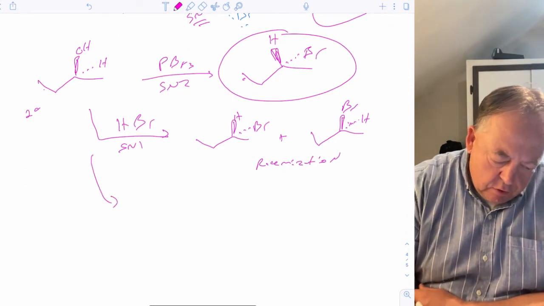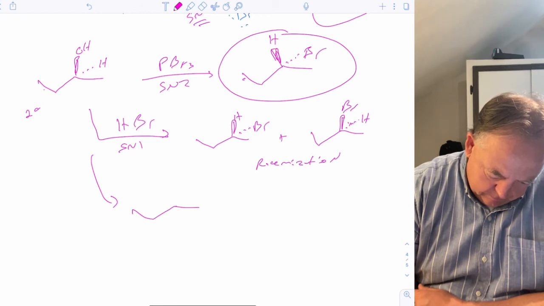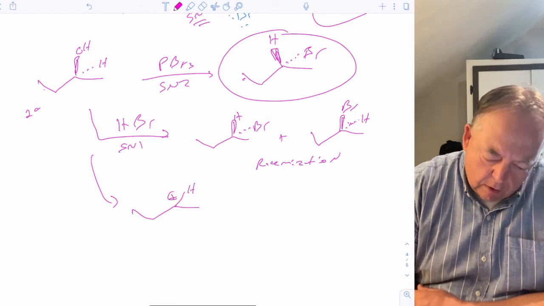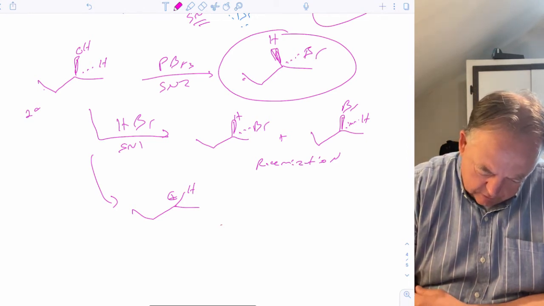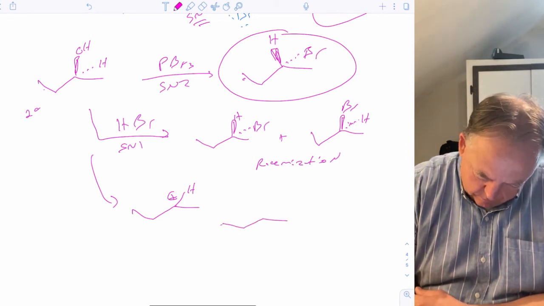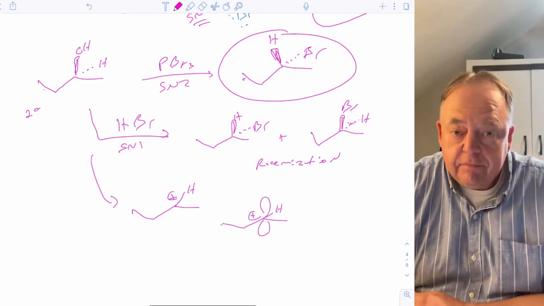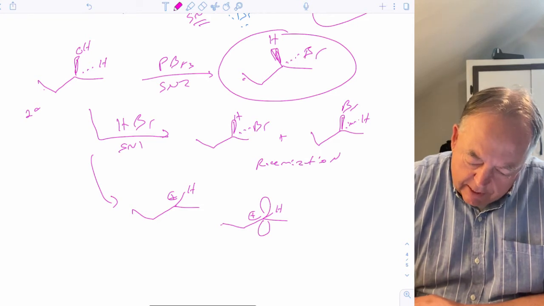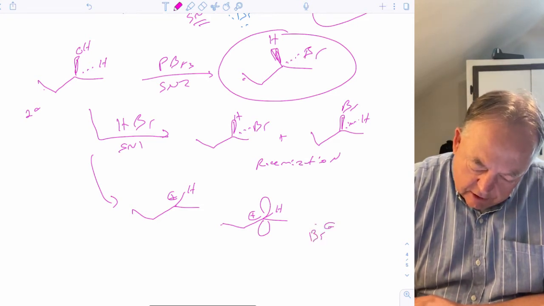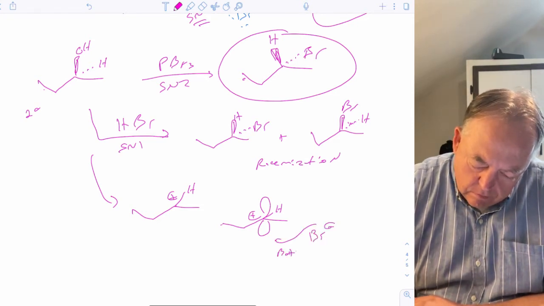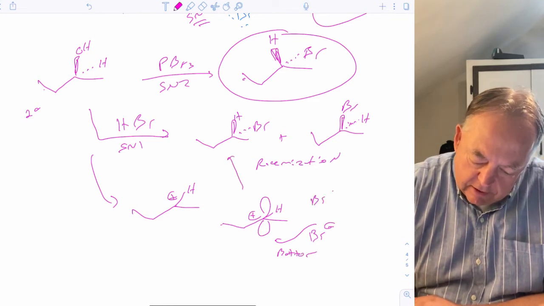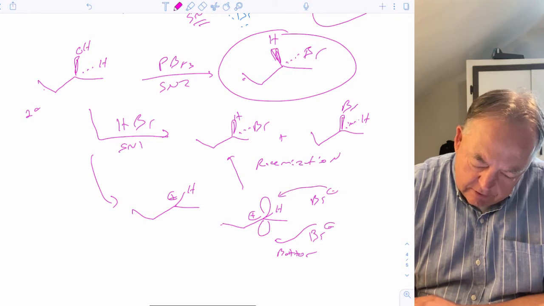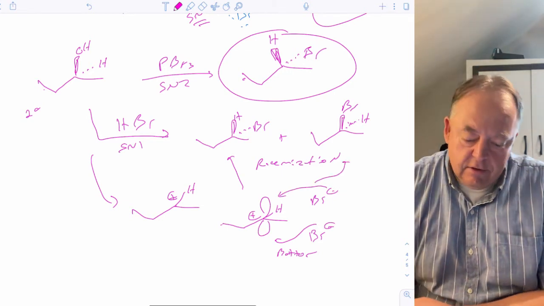Because it goes through this carbocation, which is trigonal planar, flat. So it's got an empty p orbital, and so Br minus, when it comes in, could attack from the bottom, which would lead to that product, or Br minus could attack from the top, which would lead to that product.